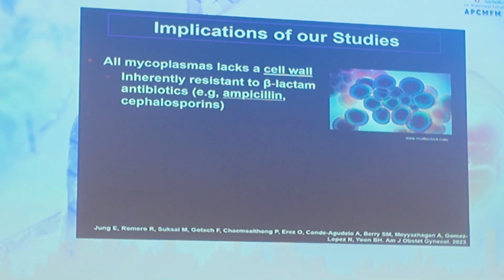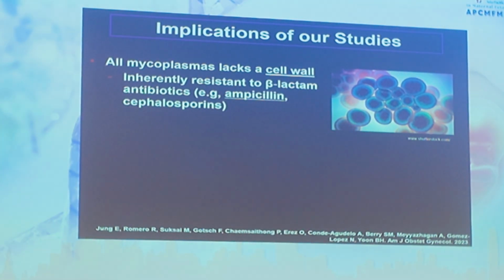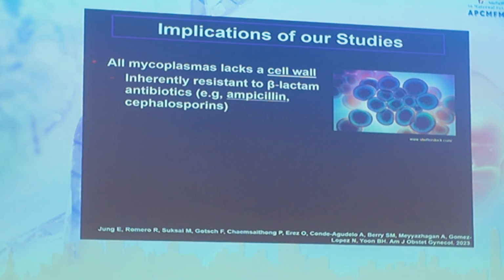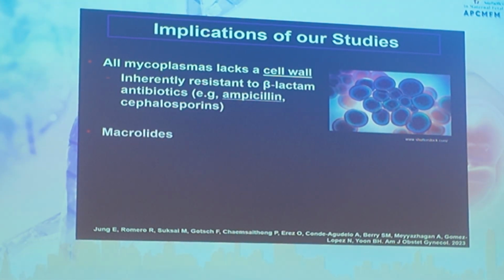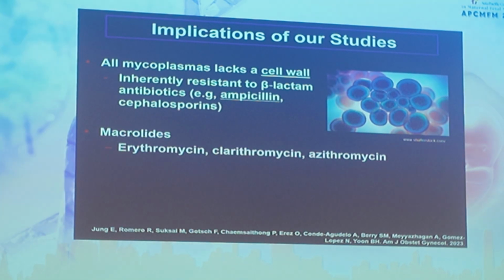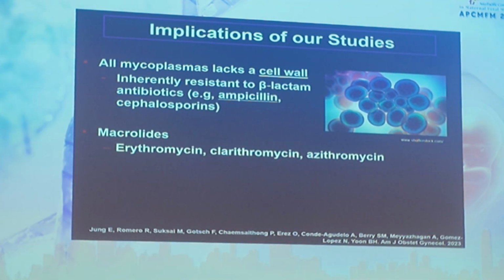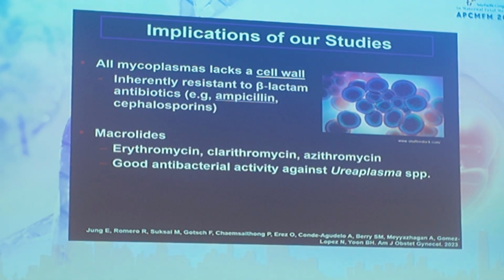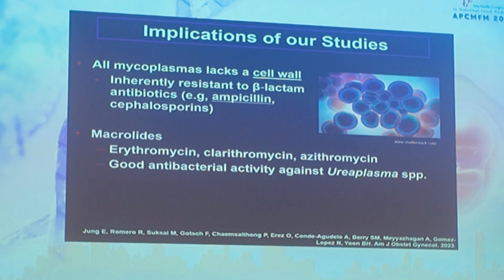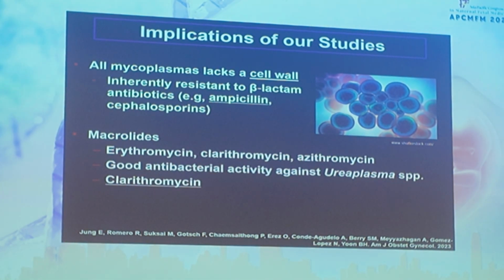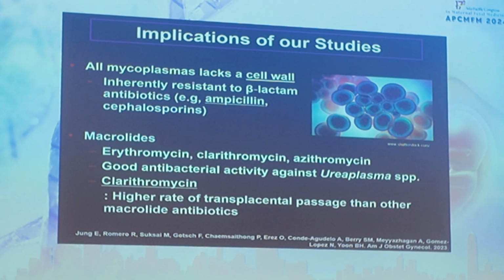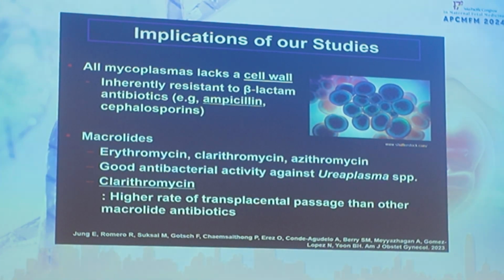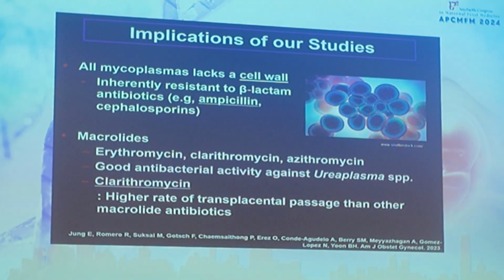And these organisms, because they do not have a cell wall, are not affected by ampicillin and cephalosporins. So macrolides are effective. These include erythromycin, clarithromycin, and azithromycin. They have good activity against Ureaplasma. The drug of choice is clarithromycin because it has a higher transplacental passage than other macrolide antibiotics, such as erythromycin.